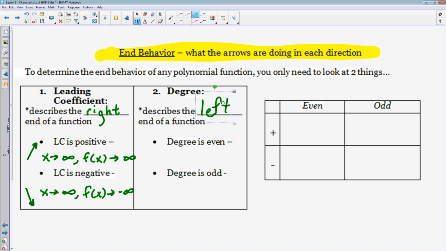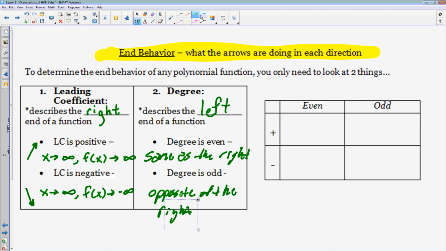Now, if your degree is even, it's going to open the same as the right. Think about it. You want to kind of keep things even. Okay, you're going to be doing the same thing to both sides, if you will. All right. If the degree is odd, think opposite. So it's going to be the opposite of the right.